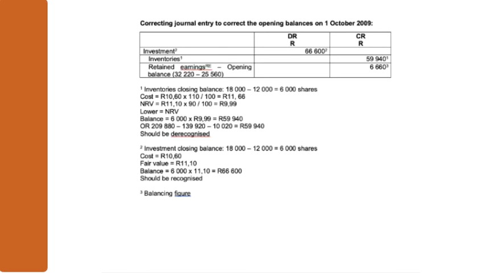We have now looked at the 2009 year. We have looked at what was done and what should have been done. Now we need to write the correcting journal entry, and remember, we are not opening the 2009 accounting system. We are fixing the effect of the error by writing a journal to fix the opening balance of the 2010 reporting period, because the accounting system allows us to open the 2010 year.